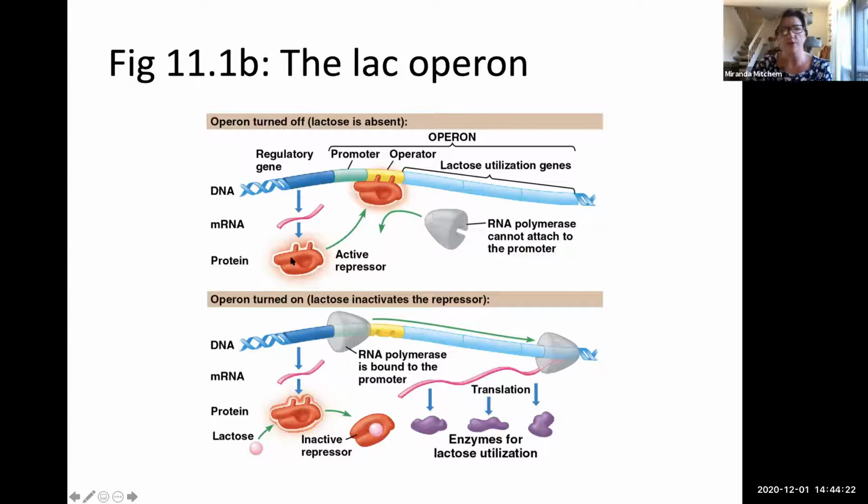And what it produces is a type of protein called the repressor. And so the regulatory gene encodes for the repressor. The job of the repressor is to bind the operon. And it is in between the promoter and the genes.